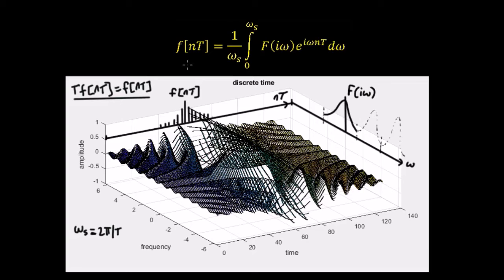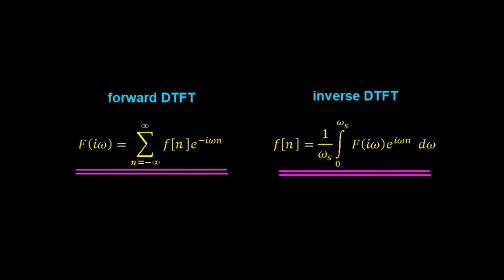So the inverse discrete time Fourier transform is given by f(nT) equals 1 upon ωs, the integral from 0 to ωs of F(iω) e to the iωnT dω. So finally, here we have the inverse discrete time Fourier transform. We've taken away the factor of T, it's been normalised to 1, and we've got the factor T out of here as well.